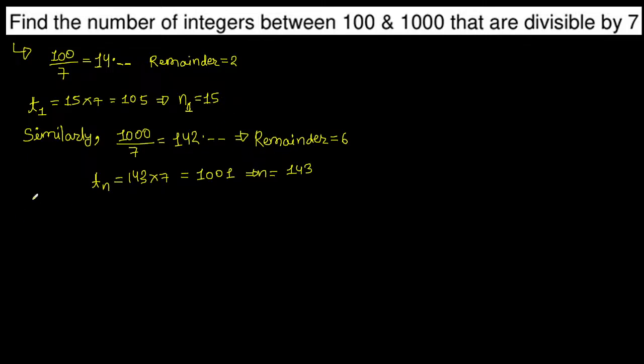So total number of terms, this is 143 minus 15 plus 1, total number of terms 129, I think.